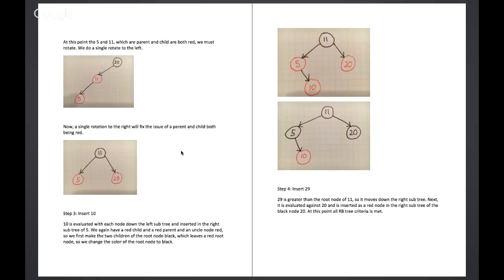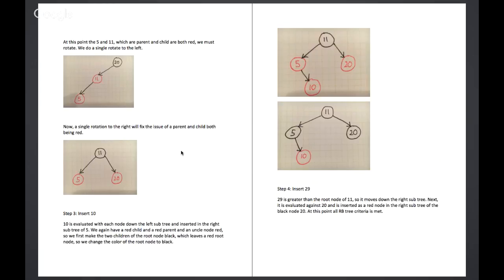So step 3, insert 10. This is the way I'm going to pretty much start out every time, just because I want to make sure I go through every step. It may seem like I'm repeating myself, but it's to make sure someone who doesn't understand understands. So we take 10 and insert it into our tree. First we compare it with the root node as always. 10 is less than 11, so it goes down the left subtree, where it reaches the red 5.